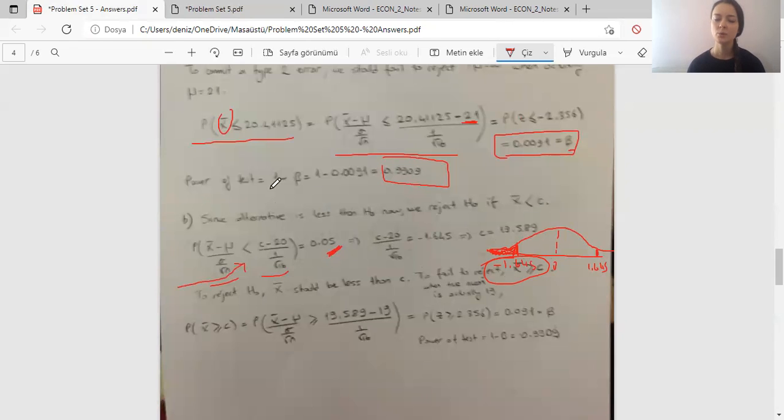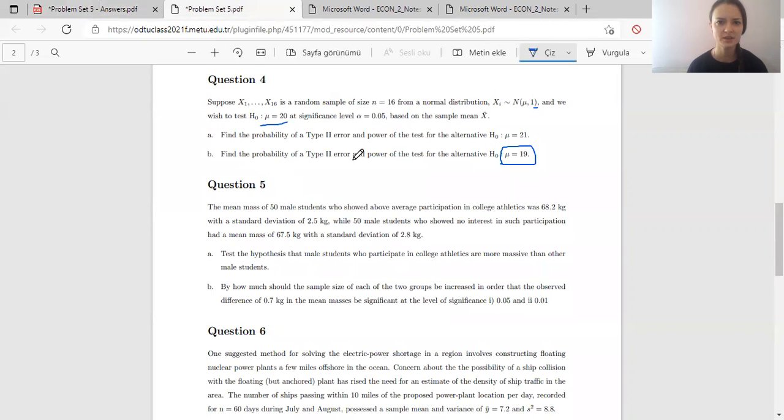Now all we need to do is, from this equation, find the C, and we're finding C as 19.589. Okay. Now we can find the probability of committing a type 2 error again.